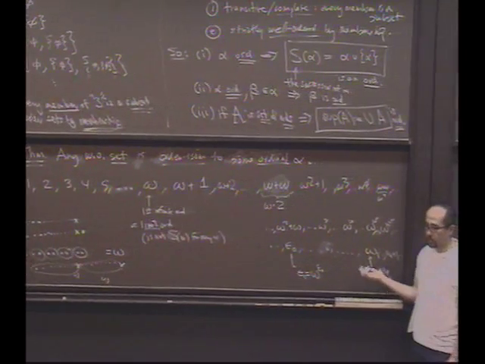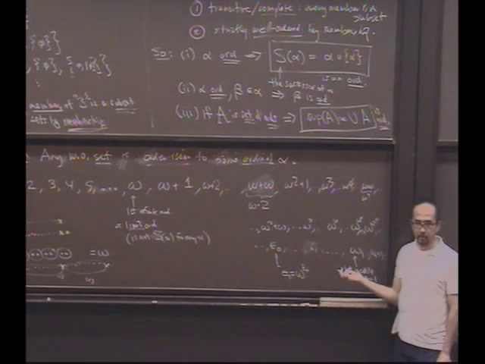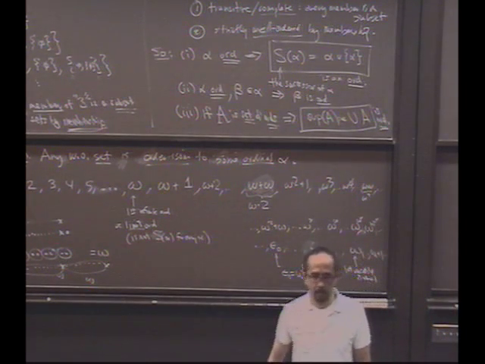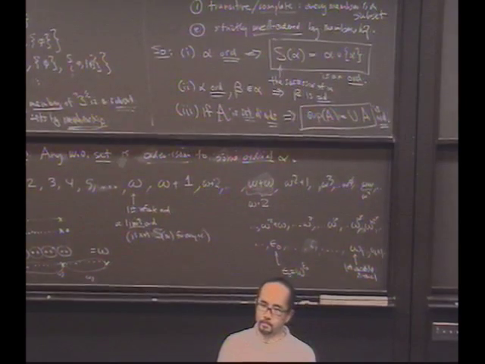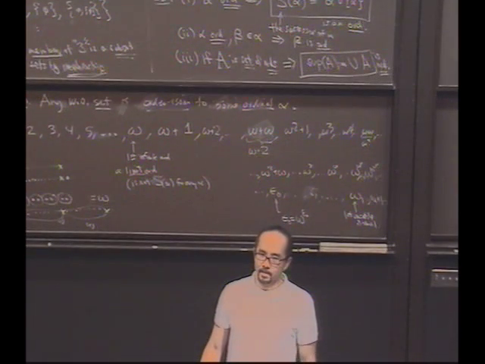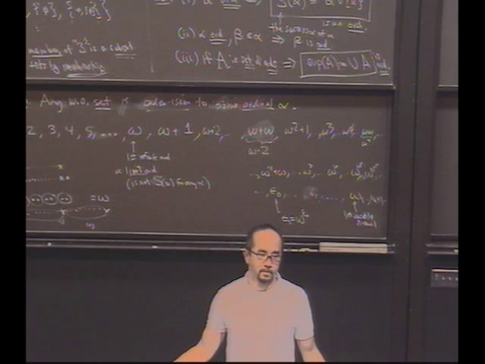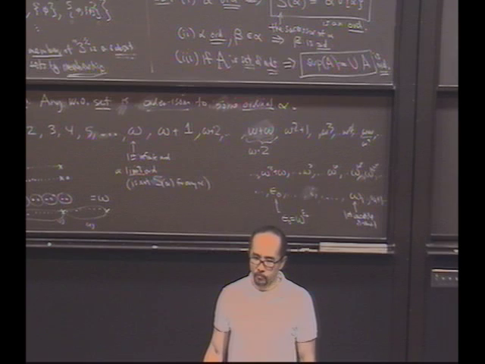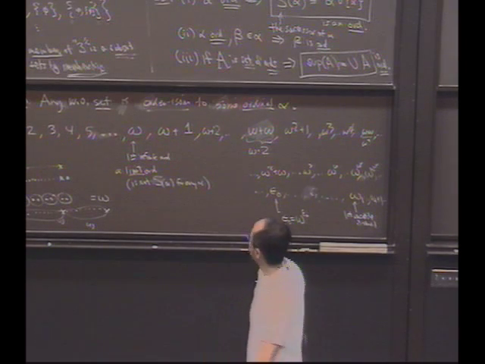Well, there has to be a first uncountable ordinal. If you look at all countable ordinals and take their supremum, that has to be an uncountable ordinal, because it's not going to be every member.